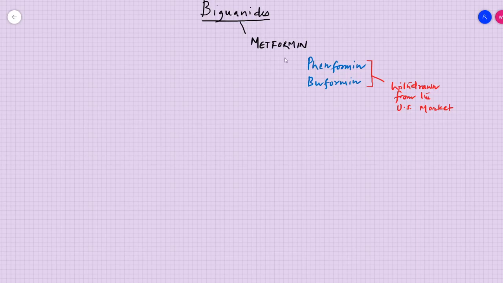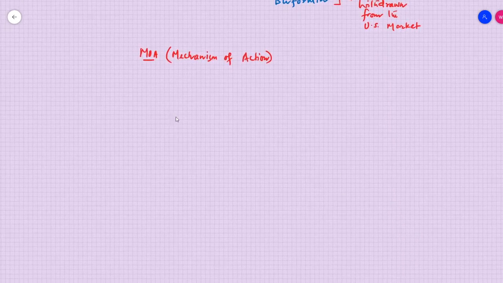So what does metformin do? What's the mechanism of action of metformin? MOA is an acronym for mechanism of action. So how does it work is what we're going to discuss now.